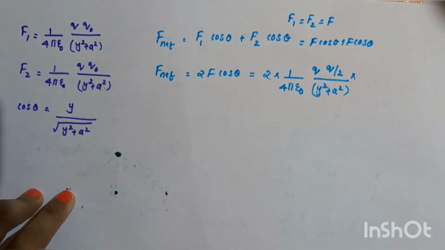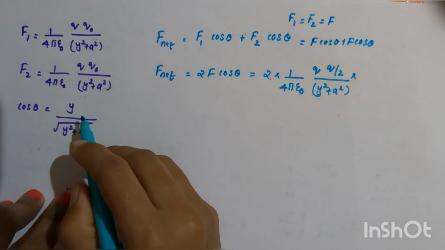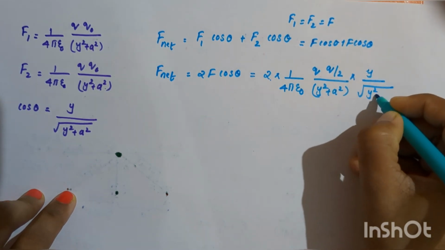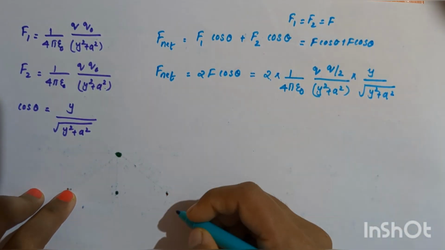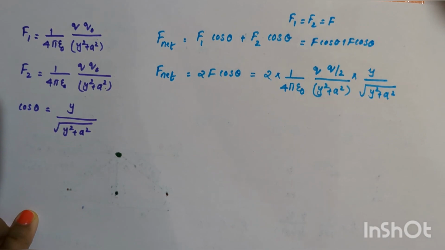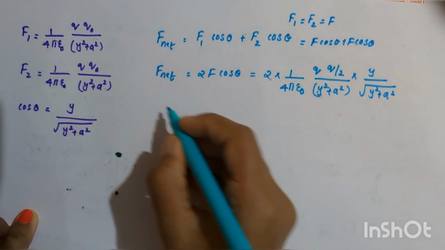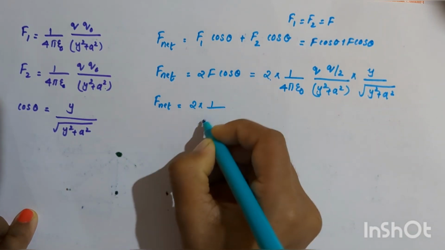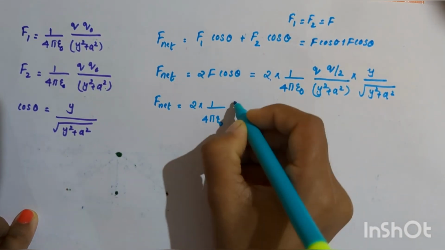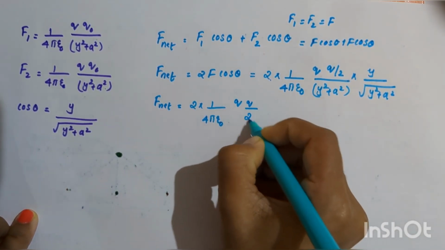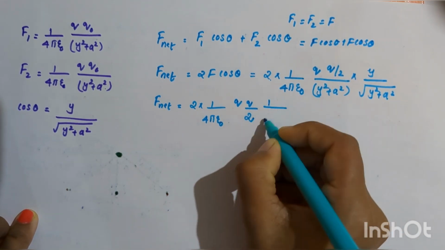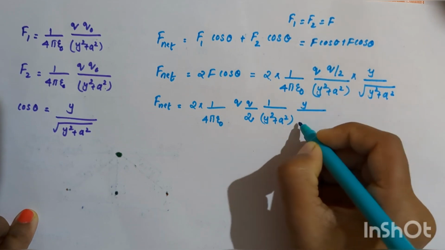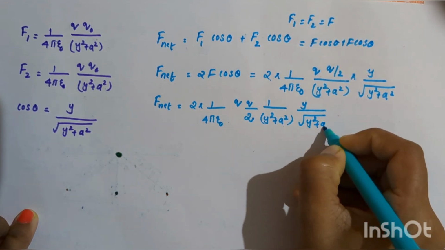What about cos theta? Cos theta is given by this expression, which is y divided by square root of y square plus a square. So, you see, this can be written as the net force equal to 2 into 1 by 4 pi epsilon 0 Q into Q by 2, into 1 by y square plus a square, into y by root of y square plus a square.